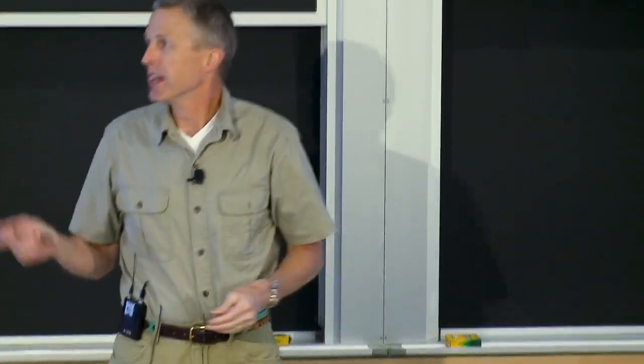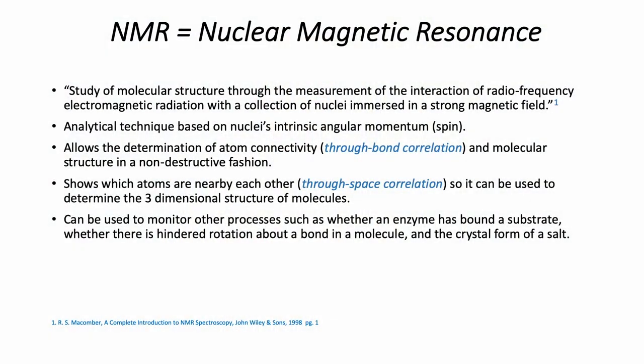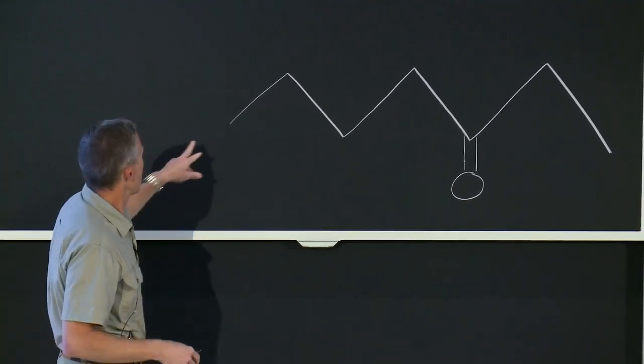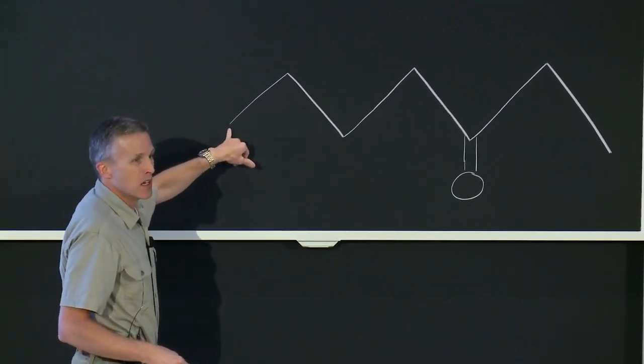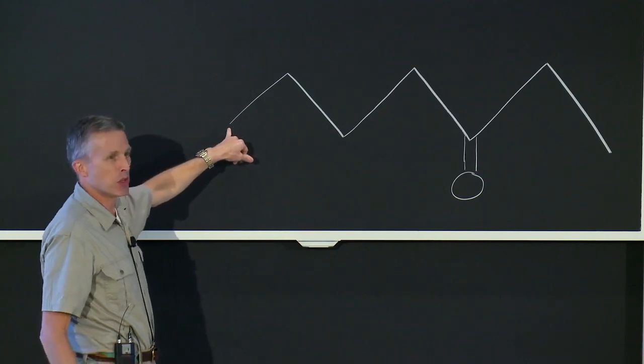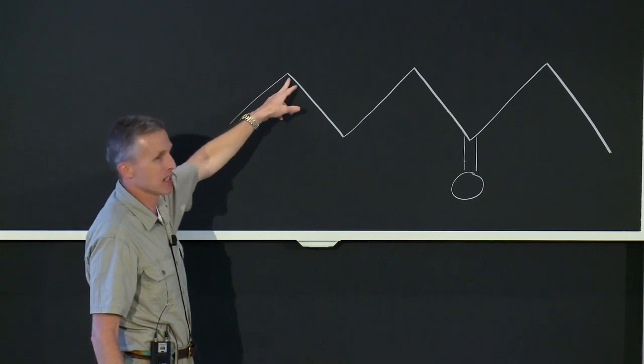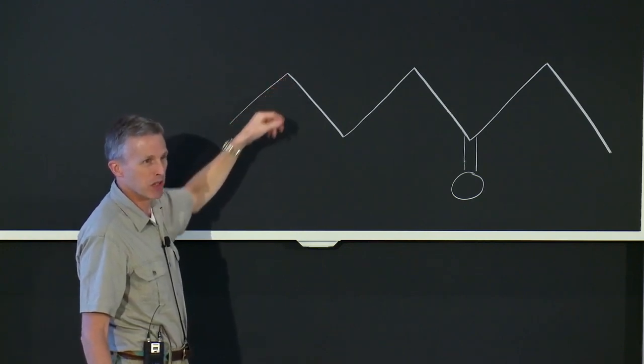So the technique allows you to determine connectivity within a molecule. I've drawn, this is something I'll bring up a spectrum of later, it's just 3-heptanone, but it will allow you to see that protons on this terminal carbon are connected to and next to a carbon here that has 2 protons on it.